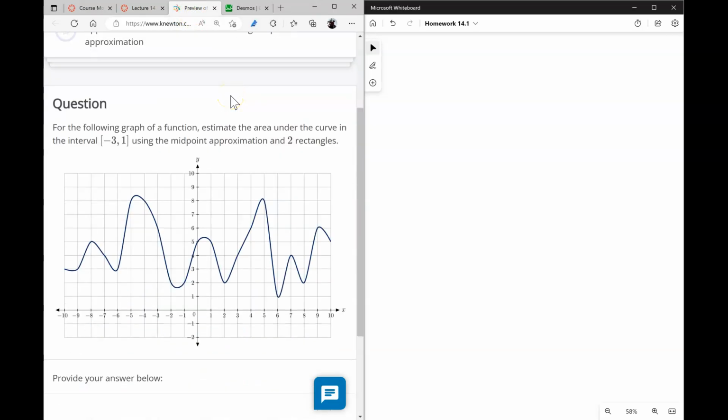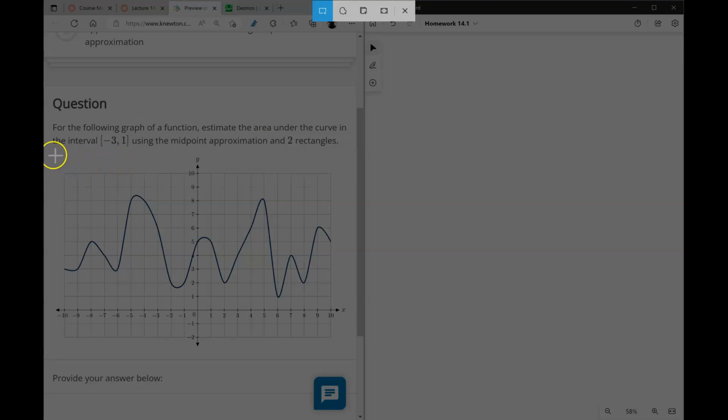In the first question, we have to use the midpoint approximation with two rectangles and estimate the area under the curve on the interval from -3 to 1.